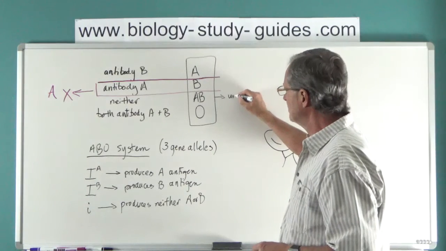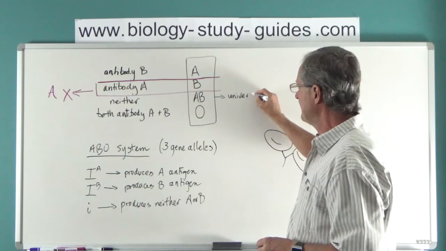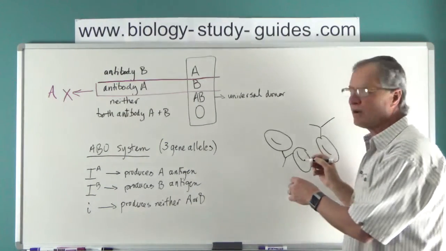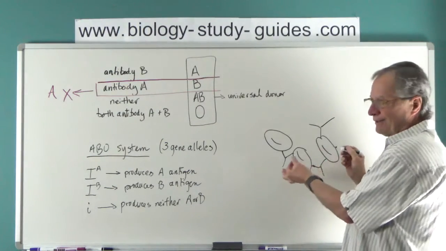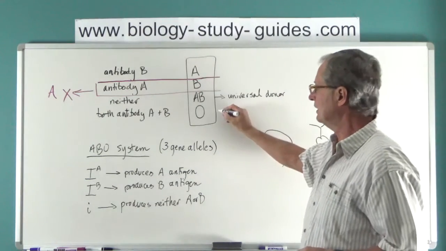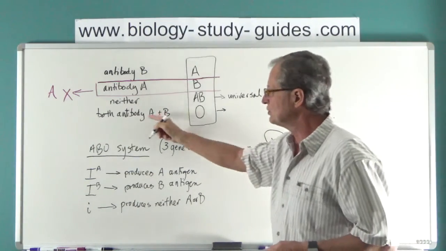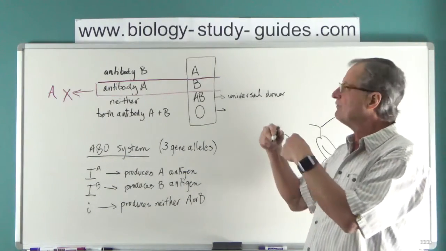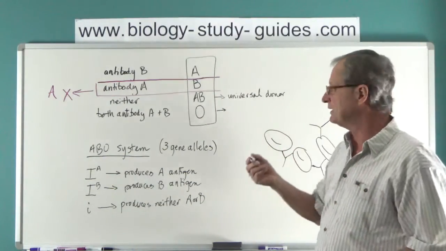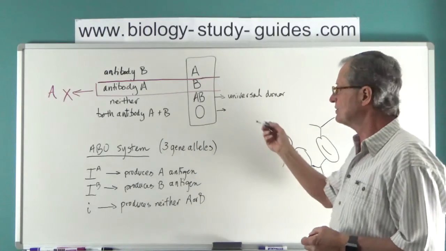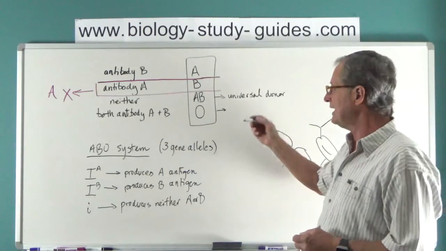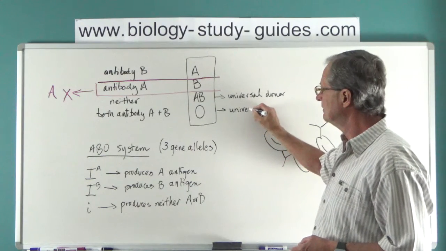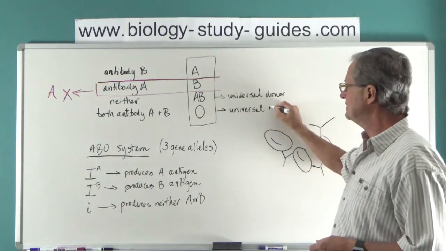This one is known as a universal donor, because there's no antibodies, there's no problem that this sort of a process could occur. These ones here, because there's both antibodies present, that means to donate blood from a person with blood type A or a person with blood type B, it doesn't really matter because they've already got those antibodies anyway. So these ones are universal recipients.